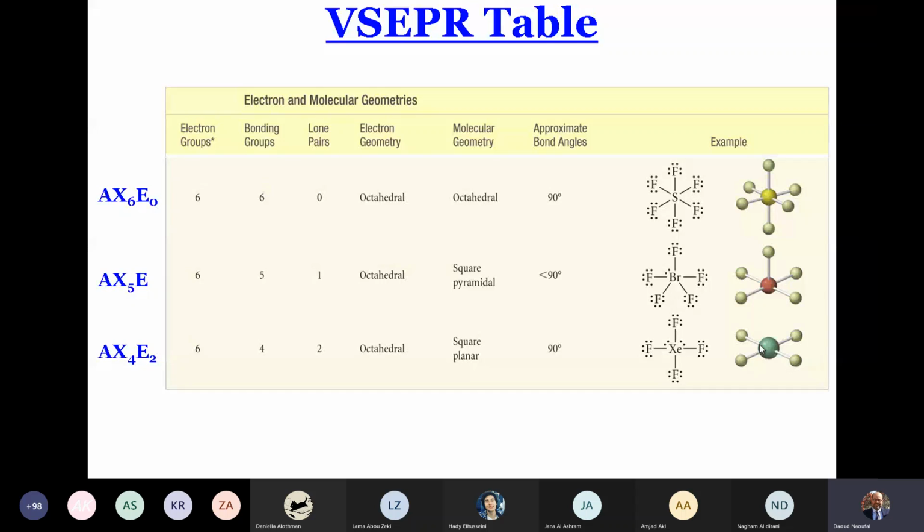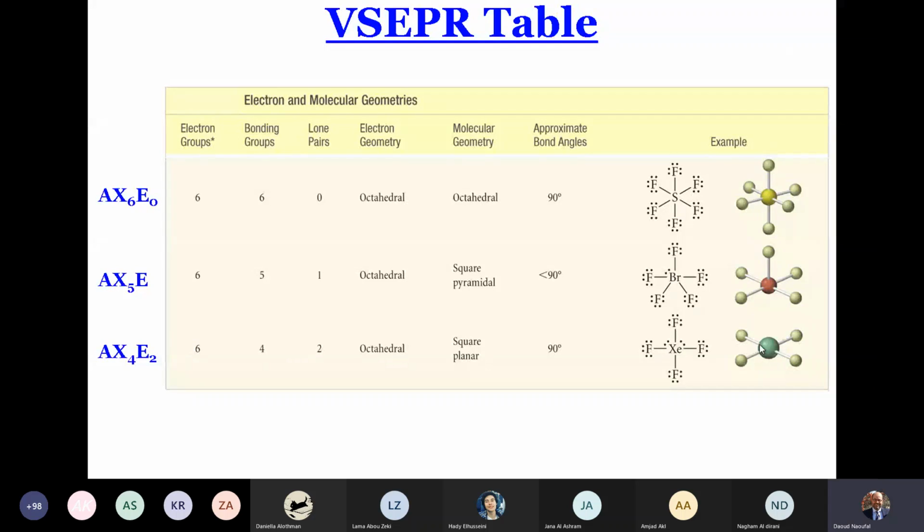Now we have to pass to the geometry. After we draw the figure of repulsion, we have to know the place of the lone pair. Pay attention. In EP5, the lone pairs are found in the plane. For EP6, the lone pairs are found outside the plane.